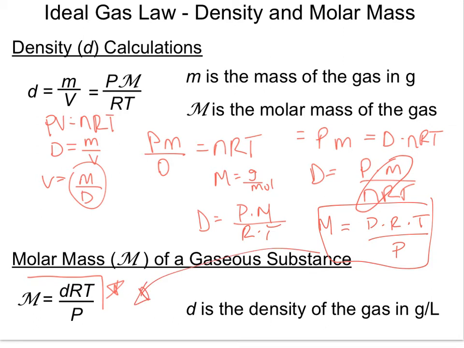You can figure out the molar mass by plugging in your density value, your ideal gas constant, your temperature in Kelvin, and your pressure. When you plug in density in this equation, your density needs to be in grams per liter. The reason is that our ideal gas constant has one of its units in liters, so that has to be able to cancel out in the appropriate way.